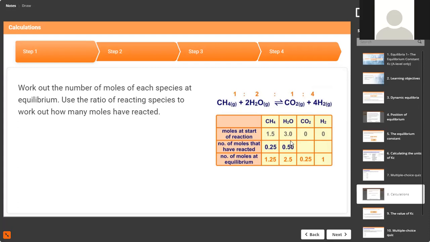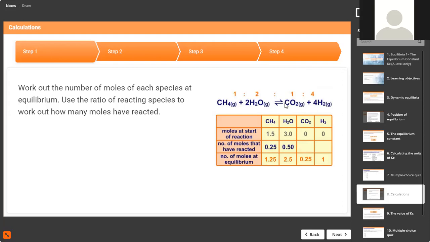We know we produce at equilibrium 0.25 moles of CO2 here. Okay, so this is where we need to work out how many moles have reacted. Well, we know it's 1 to 2 to 1 to 4. So moles at the start is 1.5 to 3, and that is our ratio of 1 to 2. And you can see that's clearly 1 to 2. 2 lots of 1.5 will give us 3.